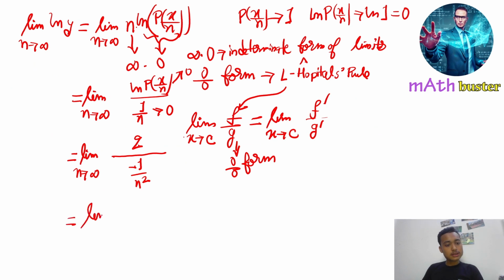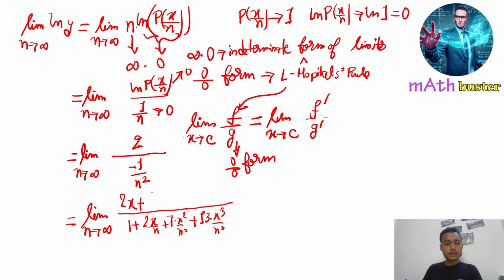This is nothing but limit of n tends to infinity of 1 plus 2 into x by n plus 7 into x squared by n squared plus 13 into x cubed by n cubed in the denominator. And in the numerator, what do we get? We get twice x plus 14 into x squared by n plus 39 into x cubed by n squared.